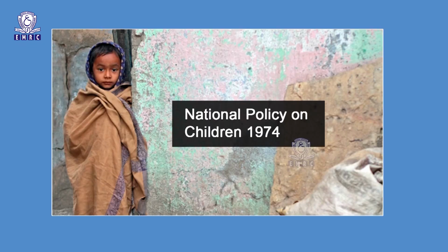Some significant policies for children are: the first one, the National Policy on Children 1974. This policy considers the nation's children as a supremely important asset and observes that children's programs should find a prominent place in national plans for the development of human resources, so that children grow up to become robust citizens.